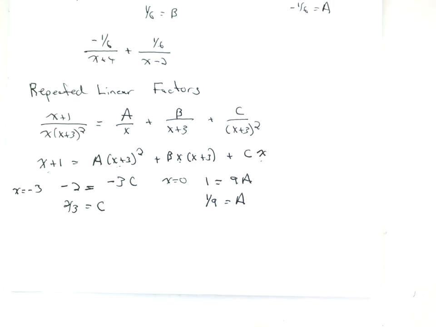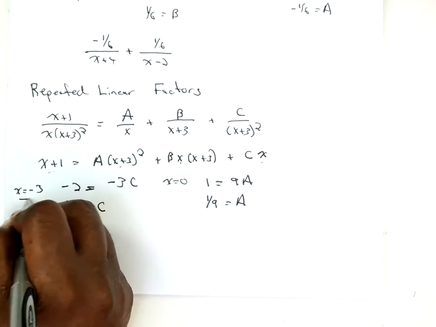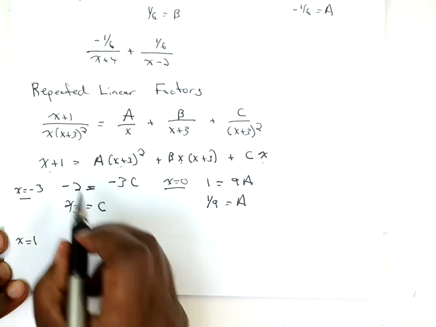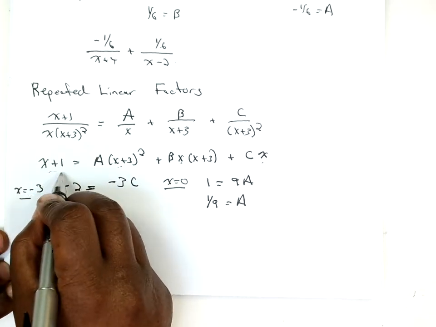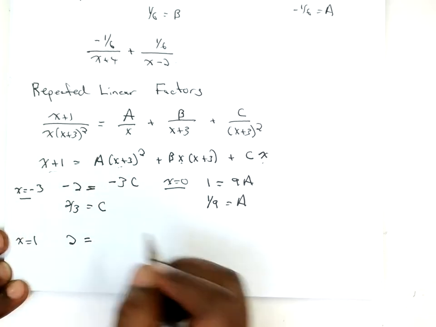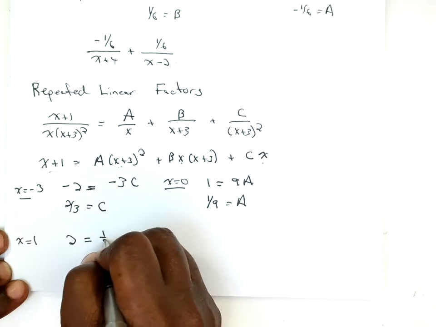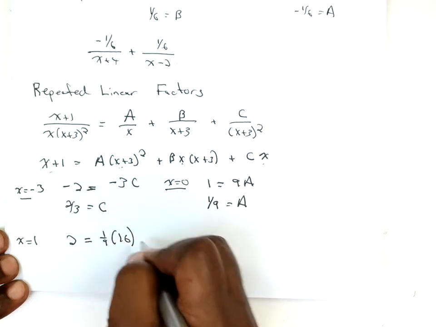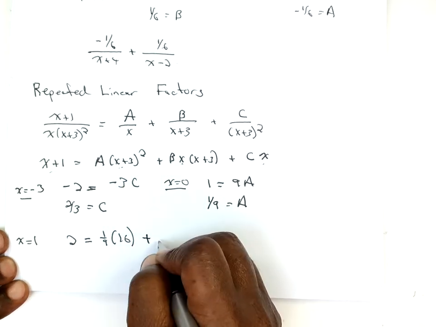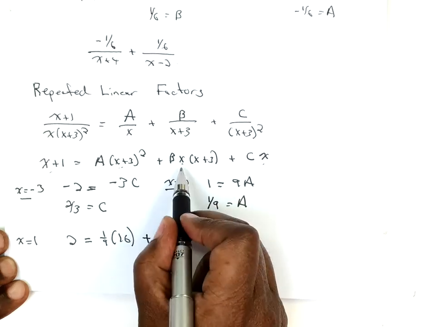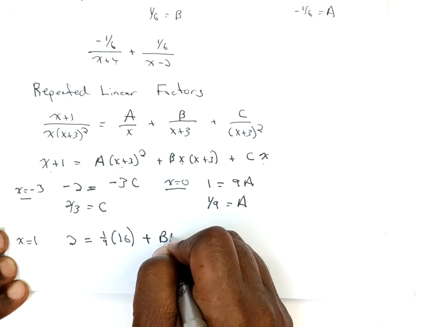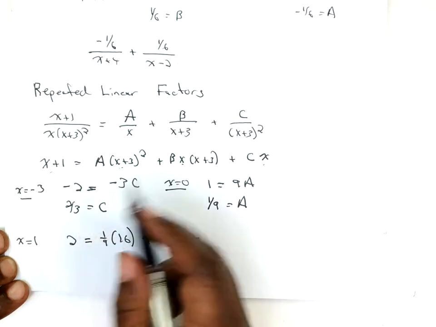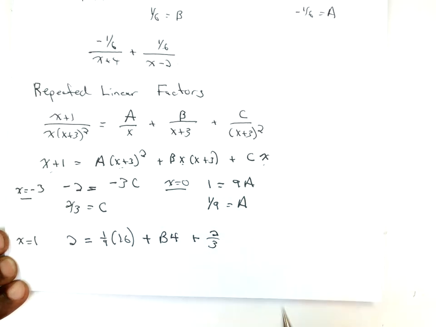Now there's nothing else that makes the terms go away. So I'm just going to randomly pick a number, x equals 1. So when I plug that into the x plus 1, I get 2 here equals a, which is 1/9, times 4 squared, plus b, which I don't know yet, times 1 times 4, plus c, which is 2/3 times 1, just gives me 2/3.